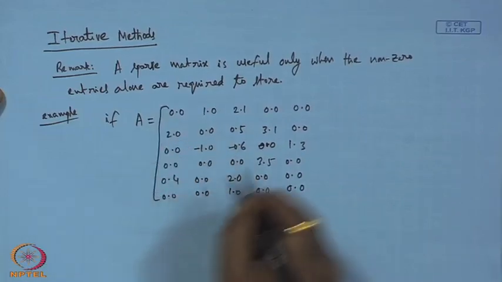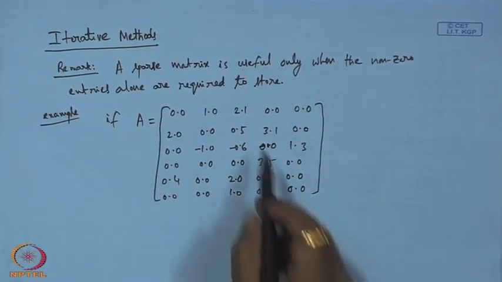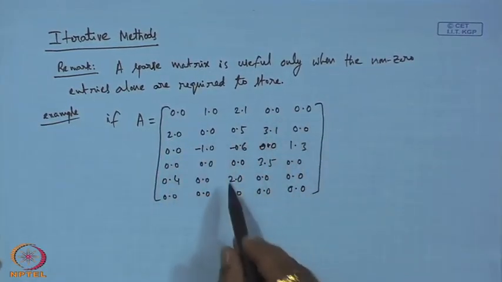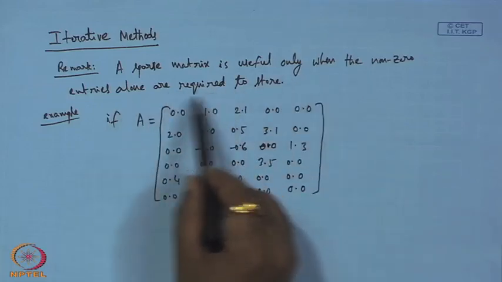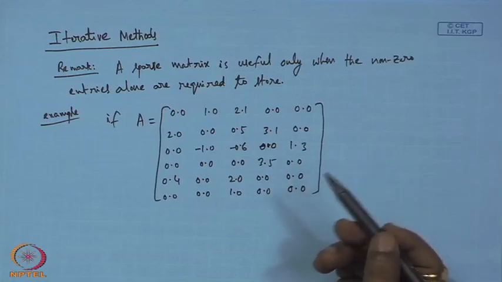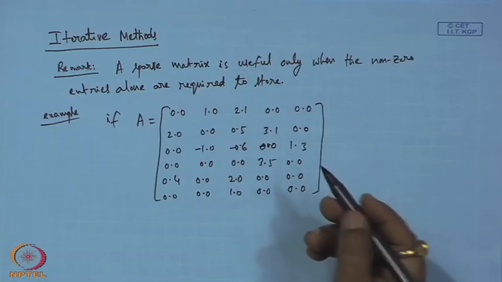Suppose this is the matrix A. You can see a lot of 0 entries and we want to represent it so that only non-zero entries are handled. Okay.